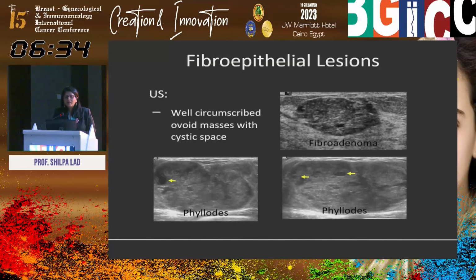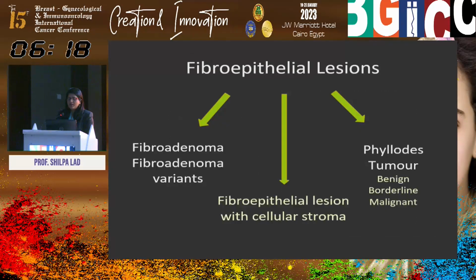Okay, what about fibroepithelial lesions? Now, they are getting very confusing with TNBCs, as we saw in the lecture by Dr. Liang. But just plain simple fibroadenomas, whether it's a fibroadenoma, a phyllodes, or a malignant phyllodes, that needs to be determined. Fibroepithelial lesion by itself, a fibroadenoma also has variants.